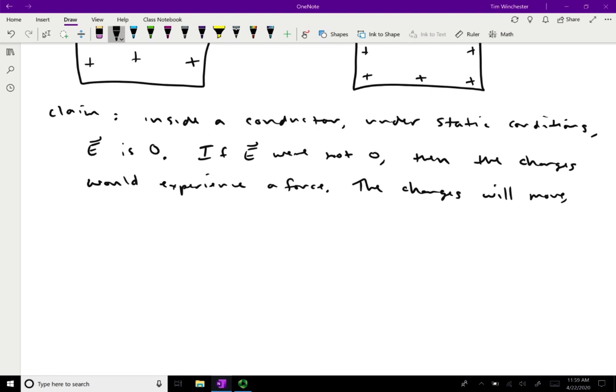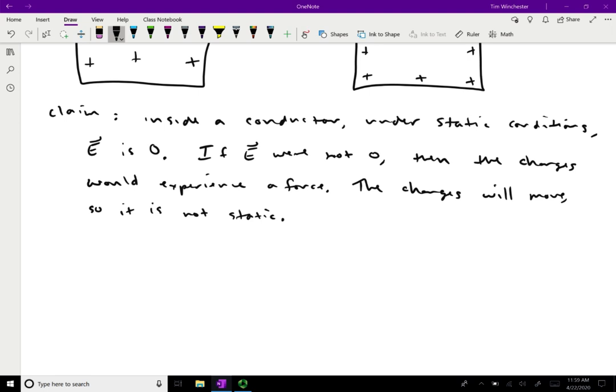And if the charges are moving, it is not static. All right, so in some ways, I think that's not a very satisfactory explanation. Essentially, I'm just saying, well, if I want nothing to be moving, then nothing is moving. There's, I think, a little more meaningful reason behind this.